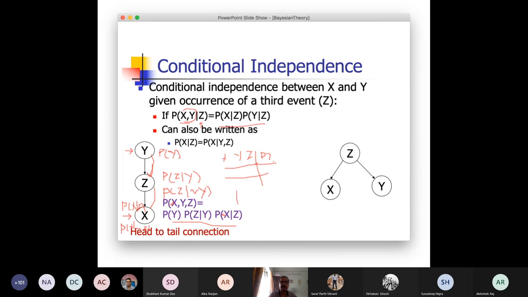Suppose I want to compute only, say, the probability of x and y. If I give you the joint probability distribution, it is trivial. I would compute the probability of x, y, z and the probability of x, y, not z, because there are only 2 conditions, and then I will simply sum them.